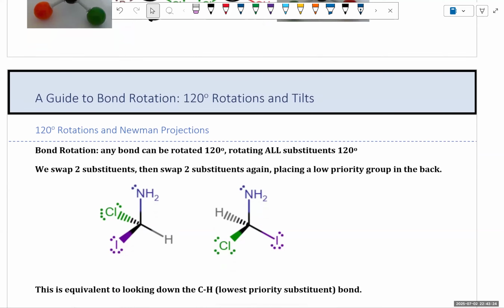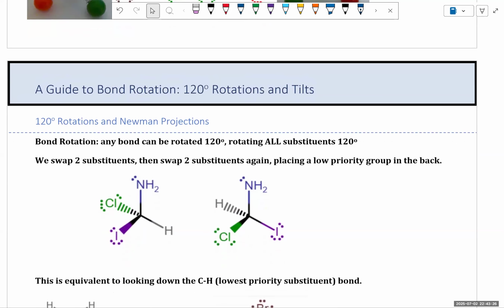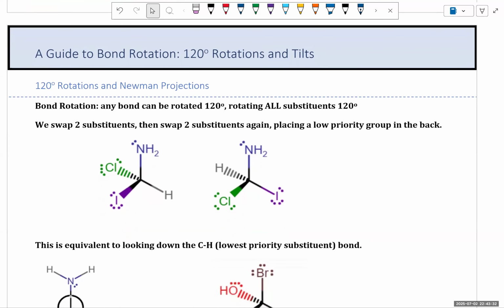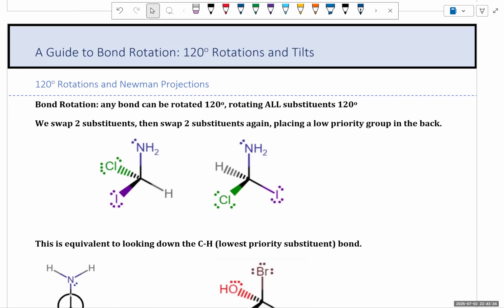Okay, let's talk a little bit about 120-degree bond rotation and tilting substituents. So in this case, in terms of bond rotation, any bond can be rotated 120 degrees, rotating all substituents 120 degrees. For example, we can rotate the bottom.